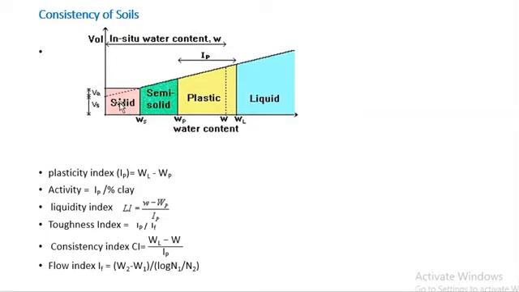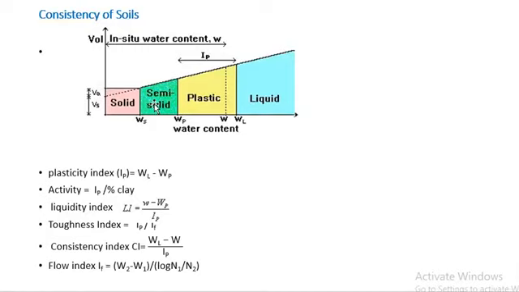So air is present here, but as you increase the water content, then at the shrinkage limit, the soil is completely saturated, meaning the total volume of void is filled with water.